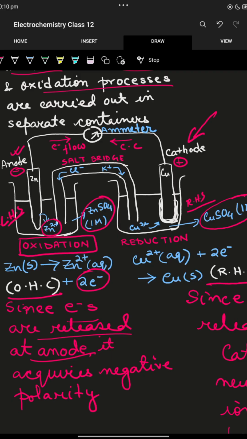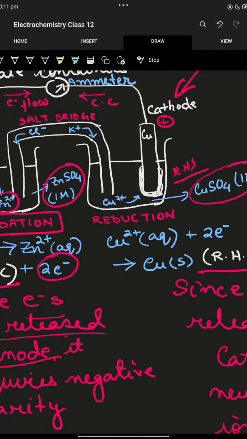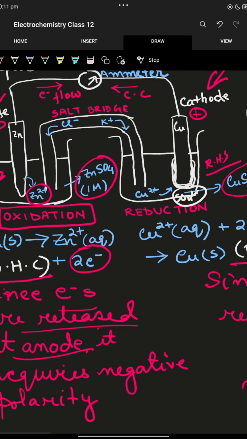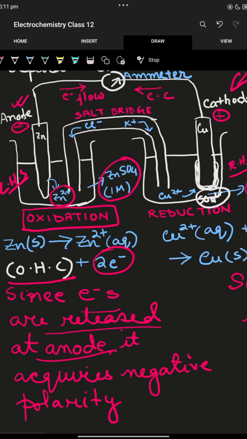So with time there will be accumulation of Zn2+, and on the right-hand side the Cu2+ gets deposited as Cu. Copper sulfate is there. If Cu2+ gets deposited as Cu, there is accumulation of SO4 2- ion near the cathode, and there is accumulation of zinc ion near the anode.